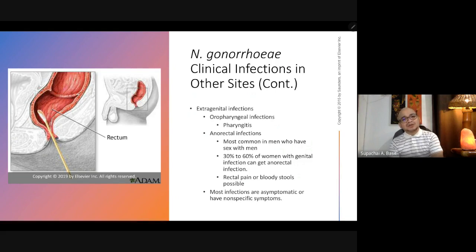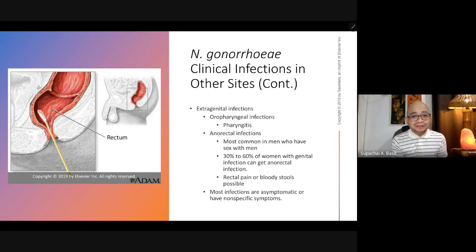And then there are also what you call extragenital infections. So again, when we say extragenital infections, these are the infections outside the urogenital tract. For example, it's also a possibility for us to get oropharyngeal infections or pharyngitis.